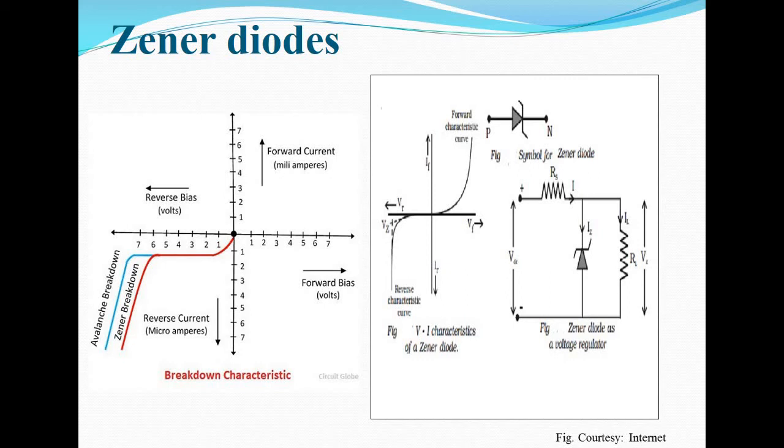In avalanche breakdown, the junction of the diode will not regain its initial position, whereas in Zener breakdown, the junction regains its original position. In a normal diode, once avalanche breakdown happens, it will not regain its p-n junction. This is not the case with Zener breakdown.